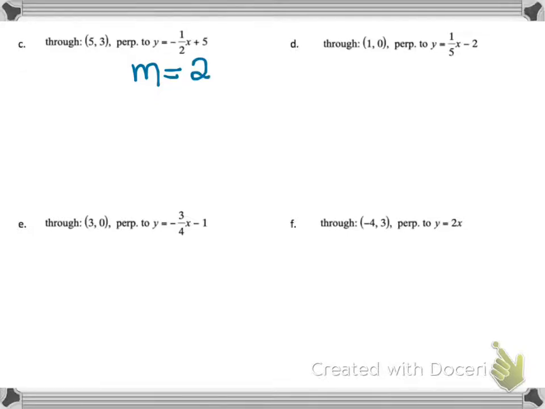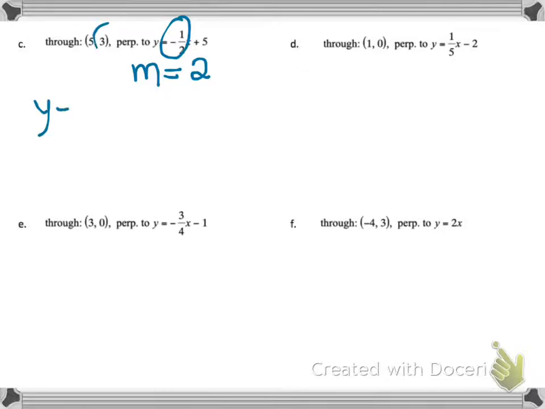The original was negative 1/2, the new is 2. If I multiply negative 1/2 by 2, I get negative 1. That's how you know if they're perpendicular: the product of their slopes is negative 1. Now all we have to do is plug into point slope form.